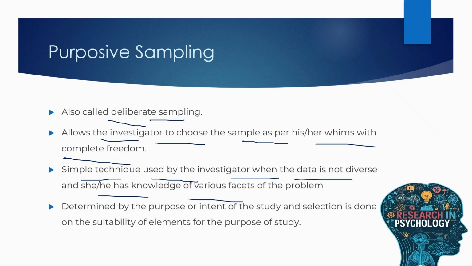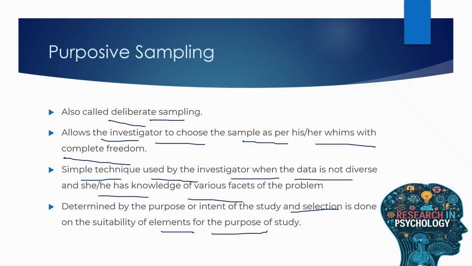So purposive sampling would be successful only when the data is not that diverse and the researcher has knowledge of every particular problem that can arise from it. All right. So it is determined by the purpose or intent of the study, and selection is done on the suitability of elements for the purpose of the study, which means a researcher is going to decide whether they want to do purposive sampling or not based on their objective or the purpose of the study, right?